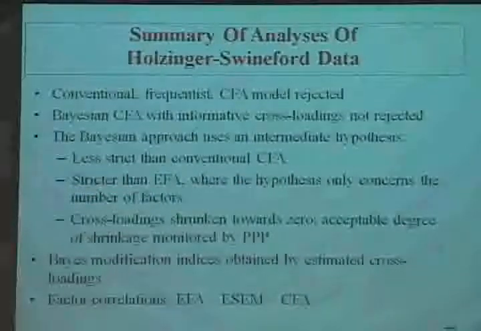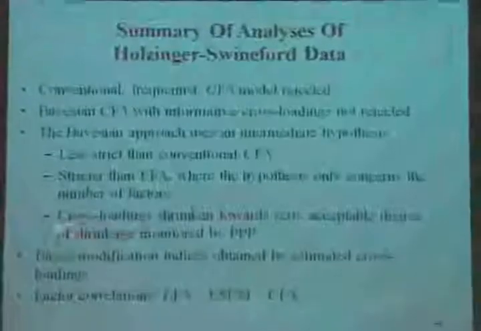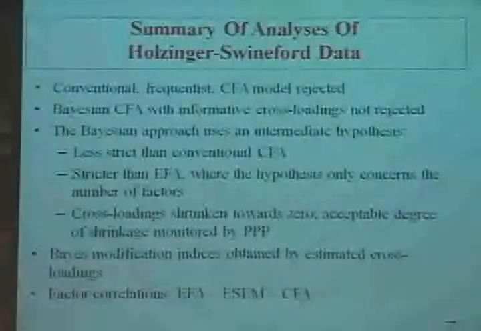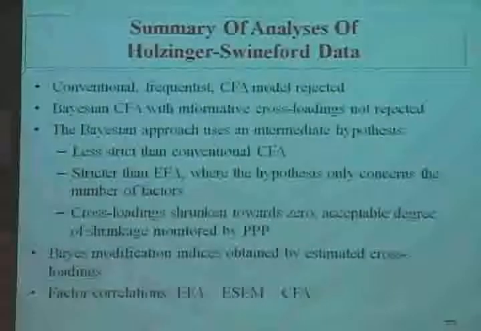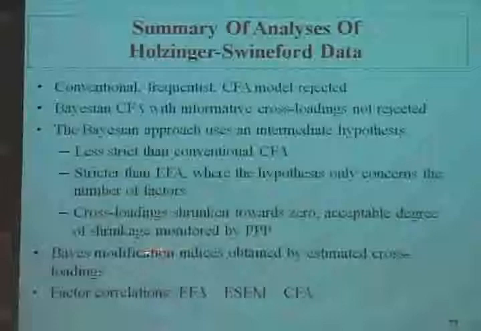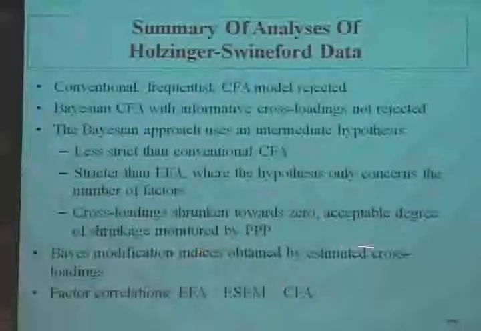That's really copping out for carefully collected data like Holzinger-Swineford, saying there are 4 factors. Well, we know more than that. So Bayes allows the cross-loadings to be shrunken towards 0, with the acceptable degree of shrinkage monitored by PPP, and actually in the process we obtain something very useful, something that would correspond to modification indices for frequentist ML.